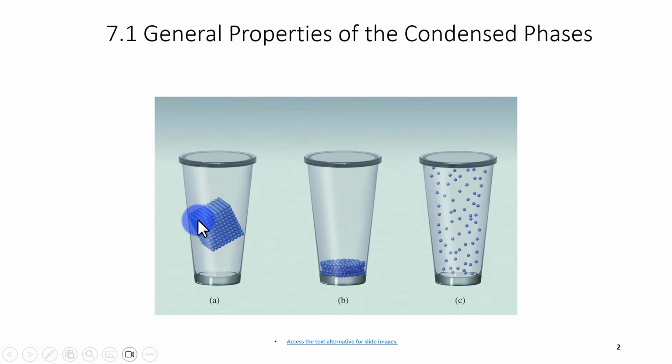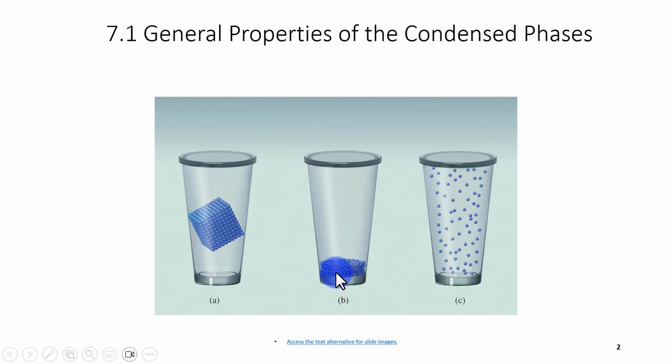As you can see, solids are very ordered. The particles are very close to each other. Therefore, the intermolecular forces are higher than in the liquid phase or even in the gaseous phase. And you can see that in the liquid phase, it's got some order, but not like the solid phase.